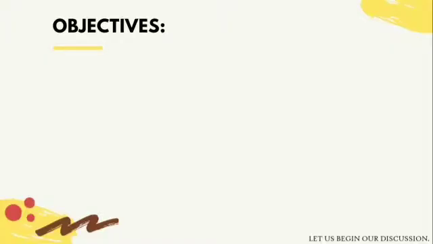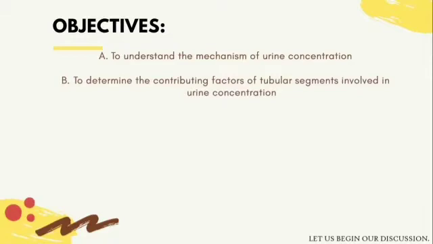To ensure that we have the same goals in mind, we have prepared a list of objectives. A. To understand the mechanism of urine concentration. B. To determine the contributing factors of tubular segments involved in urine concentration. C. To understand the osmoreceptor ADH feedback system.